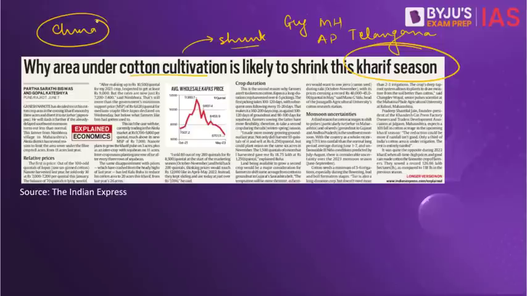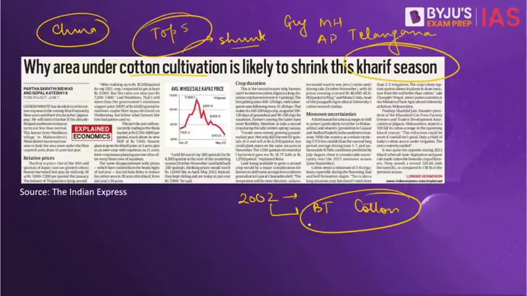However, India is amongst the top 5 producers of cotton in the world. In the year 2002, a company known as Monsanto introduced its BT cotton in India, which was resistant to the bollworms. And this helped in improving the production of cotton in the country.